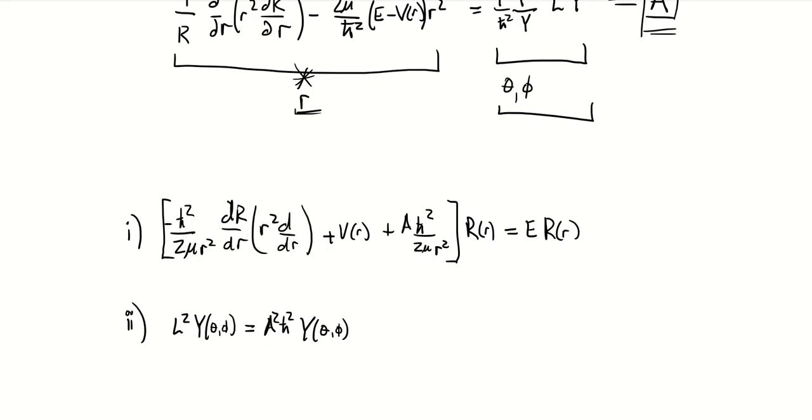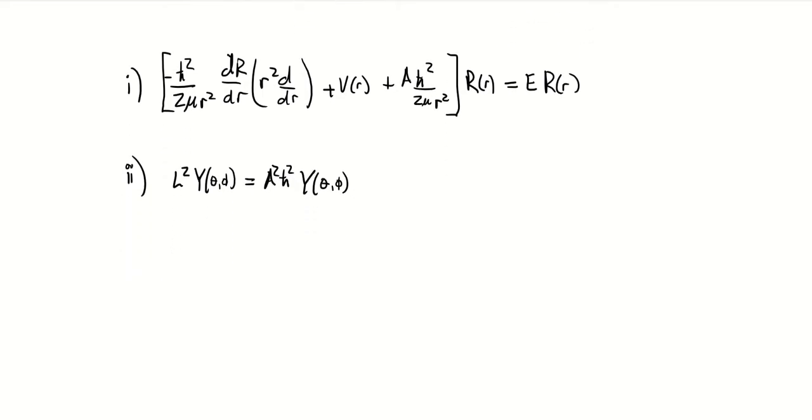The way this whole process is going to work is we're going to solve equation 2. That's going to determine our A. Then we're going to plug it back in here and solve equation 1. We're actually going to repeat this whole separation of variables process to solve this spherical harmonic term, or this angular term.